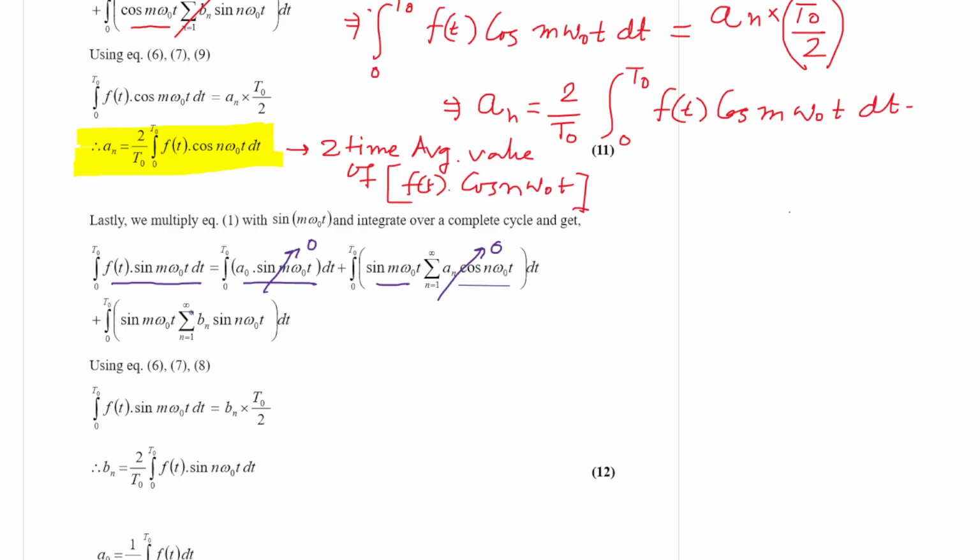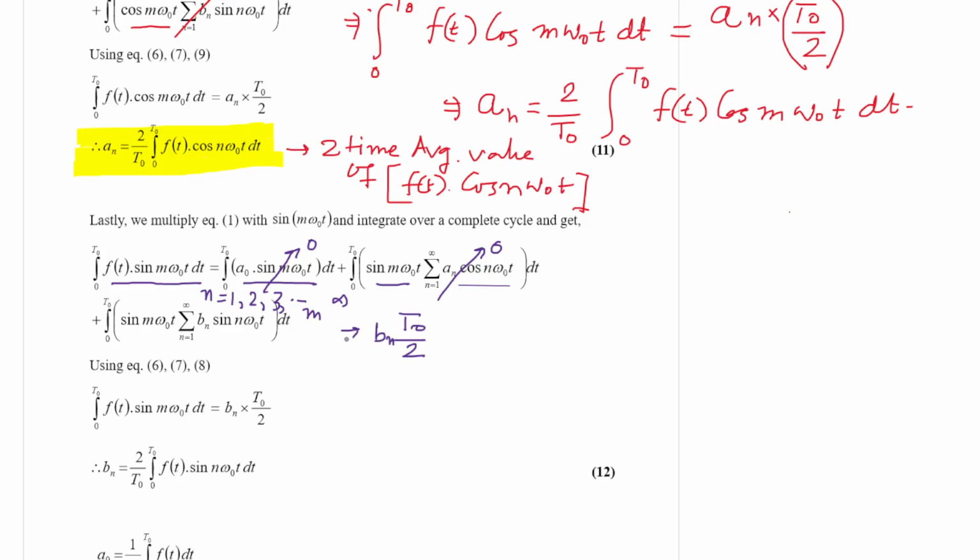Now inside this summation we have n equal to 1, 2, 3 up to infinity. Within that we have one m. When this m and that m match, it will give a value of T naught by 2.